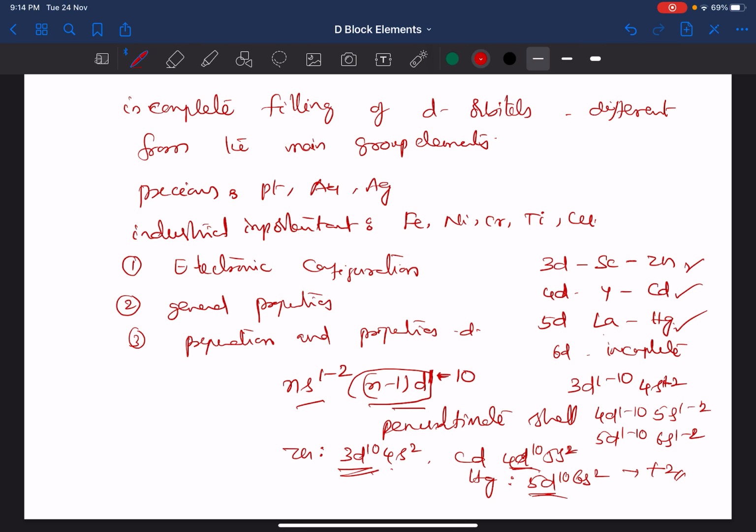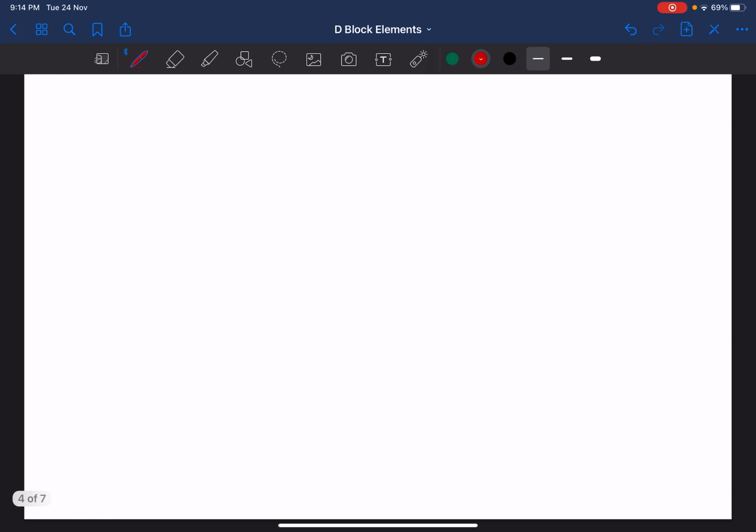We will consider these d block elements, which are also called transition elements. Why are they called transition elements? They show a transition between the highly electropositive s block elements and the highly electronegative p block elements. So they are called transition elements.